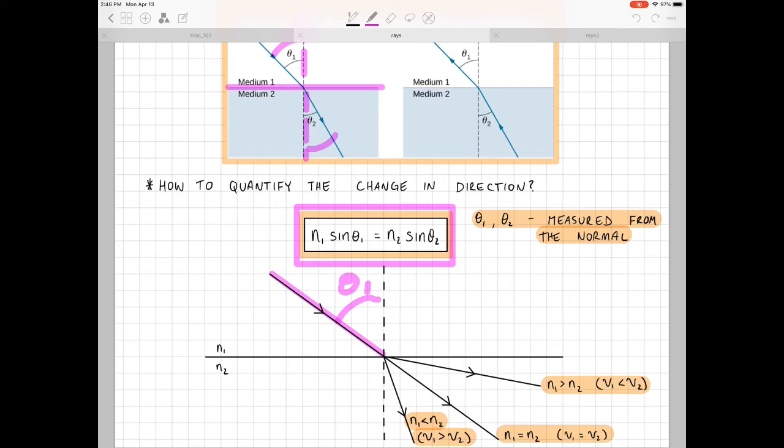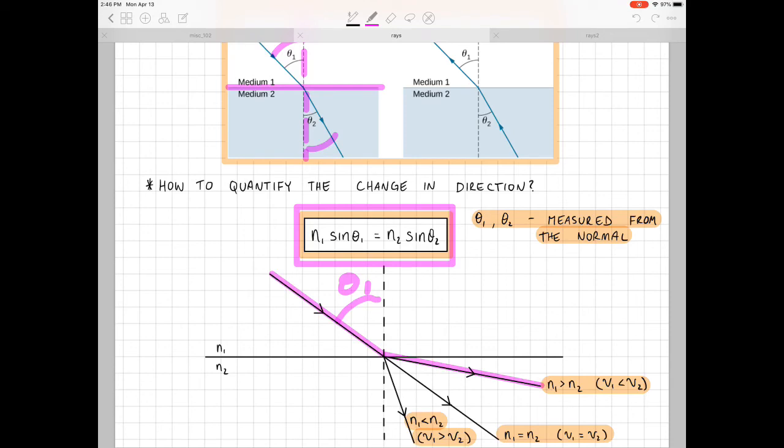The next thing that could happen is you've got your light ray coming in, and the light could bend away from the normal. Notice how this angle, theta 2, is larger than theta 1. The light ray has changed direction; the angle is now larger, so it's bent away from the normal, we would say.